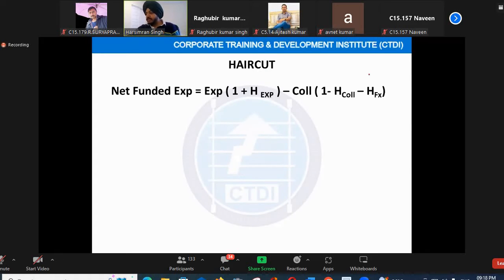This HFX is the haircut on foreign currency mismatch. This will be 8% only if the collateral and exposure are different currencies. This is your haircut of collateral. This is the haircut on exposure. Note down this formula.